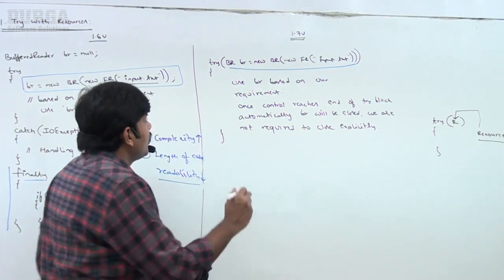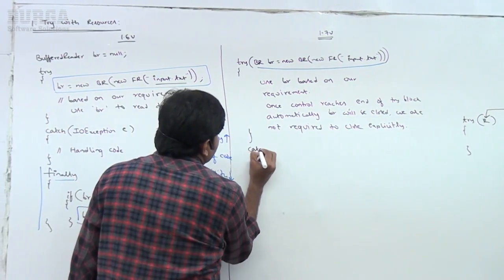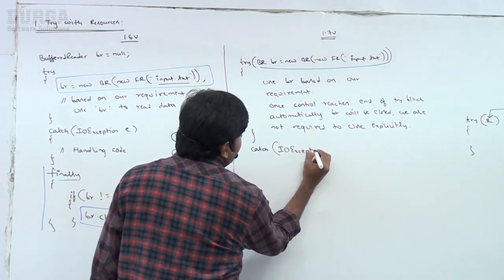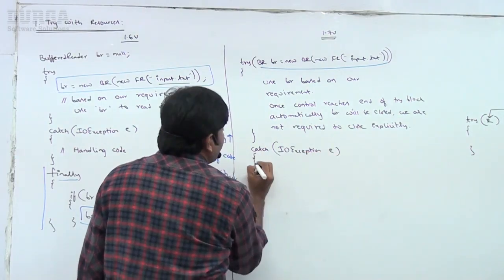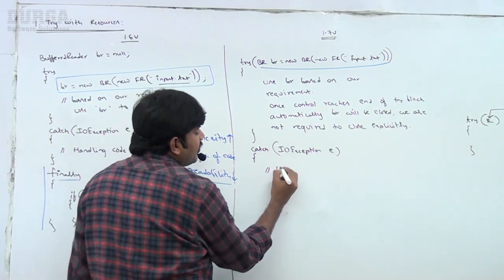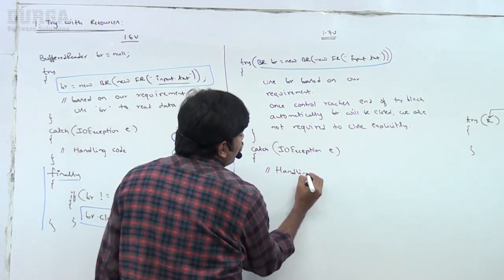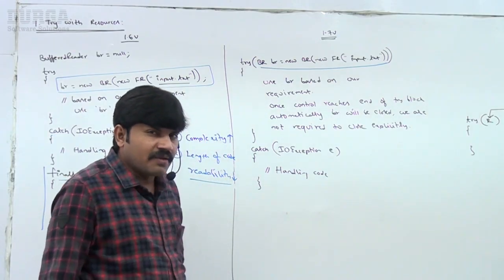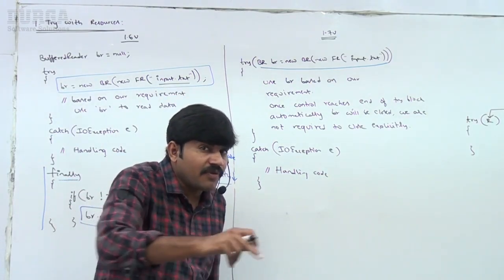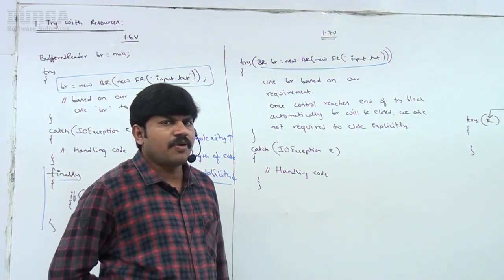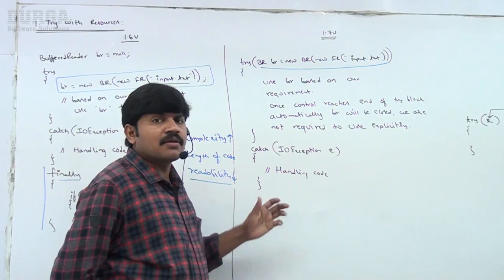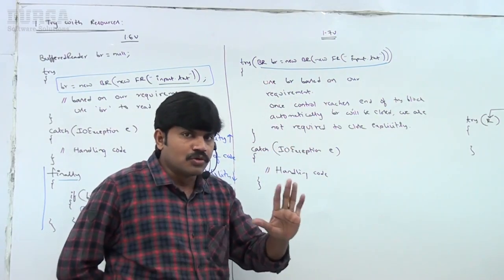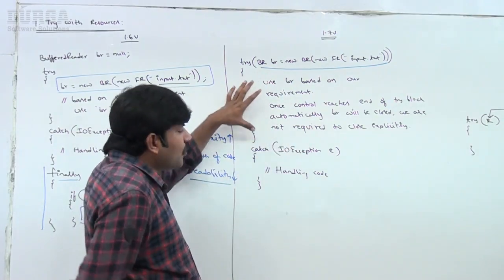Remember, now I am taking a catch block, sir, IOException. If you are getting any exception, please write the corresponding handling code. Sir, can you please confirm, is it required to write a finally block? You respond, is it required to write a finally block? No, because br is already closed.